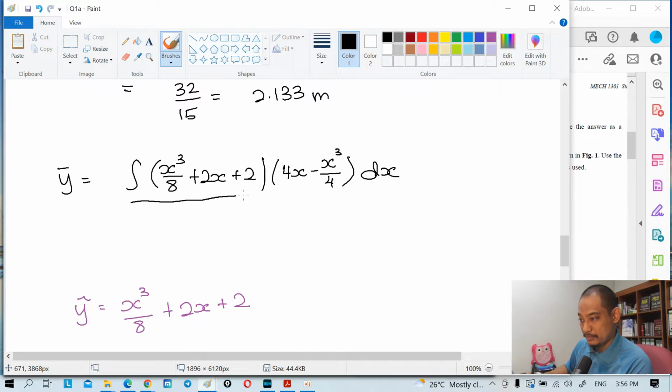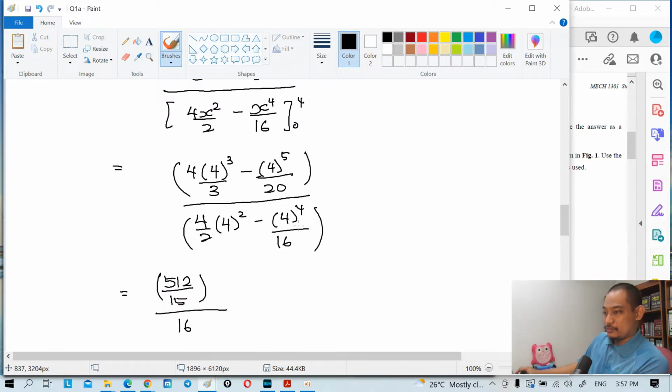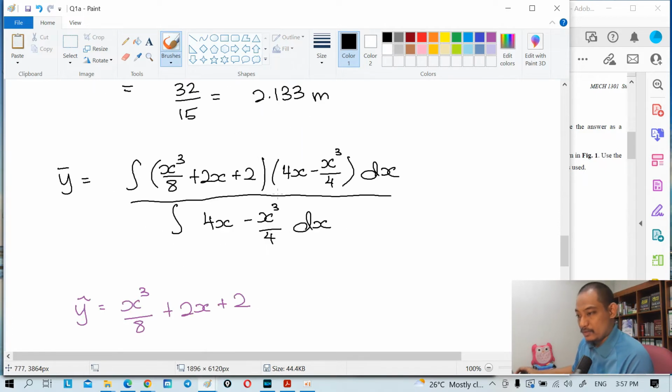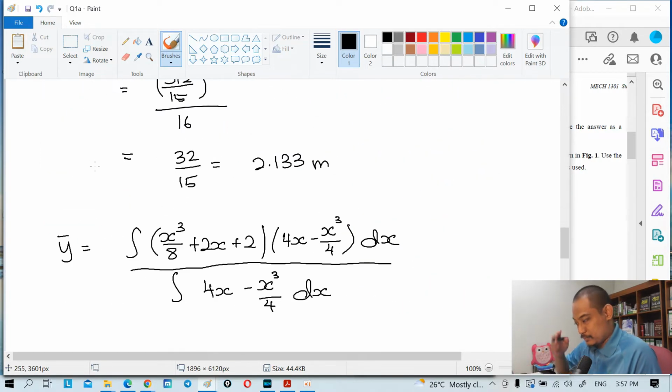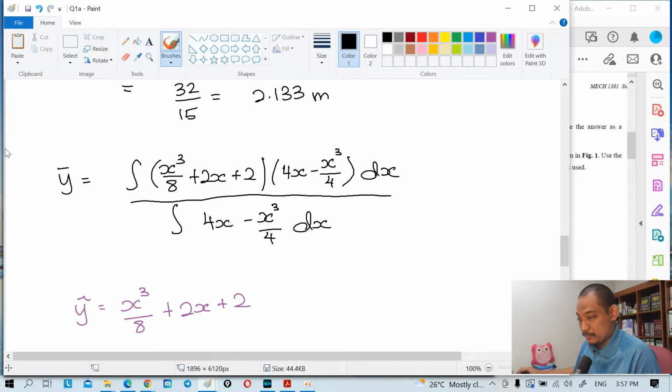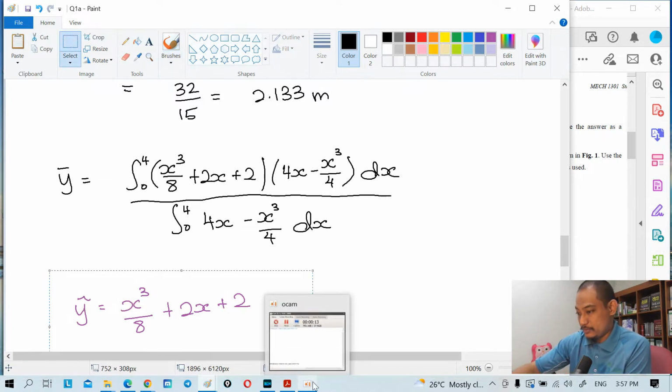This whole thing is divided by the integration of 4x minus x cubed over 4 dx. The limits will be the same because we divide the area into the same vertical element, so from 0 to 4. We need to resolve this one first before we can integrate.